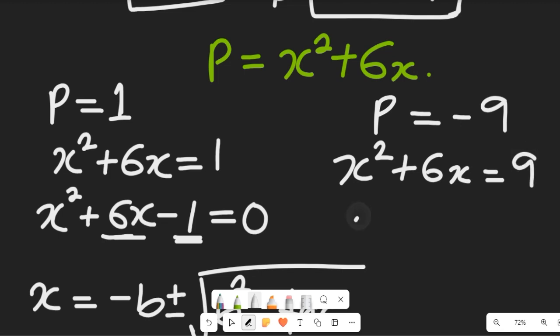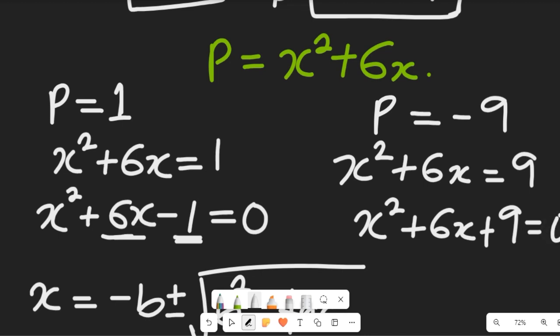So we're going to have our x squared plus 6x plus 9 equal to 0, because this is negative 9, right? So we're going to have that expression.